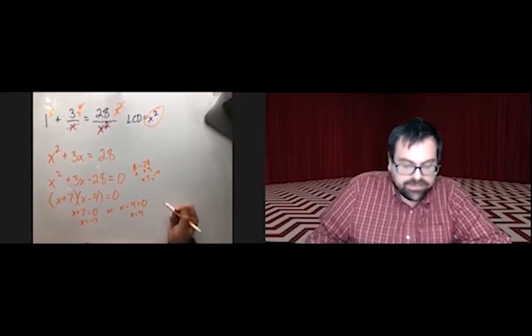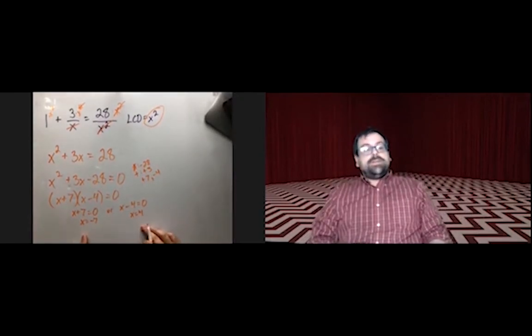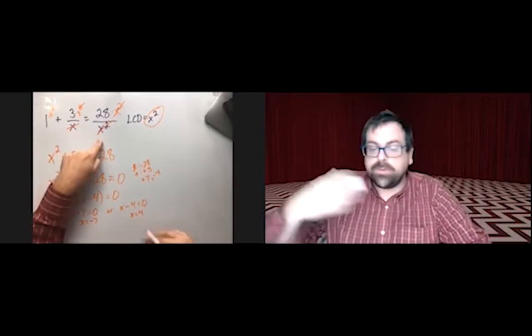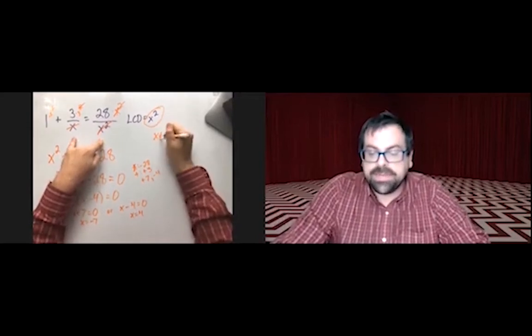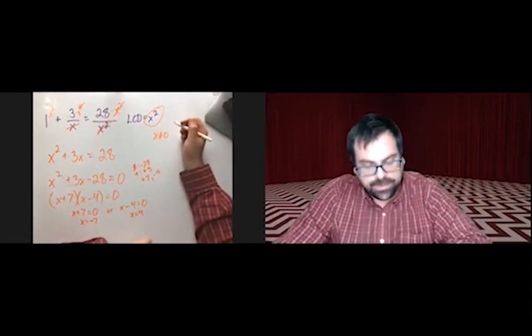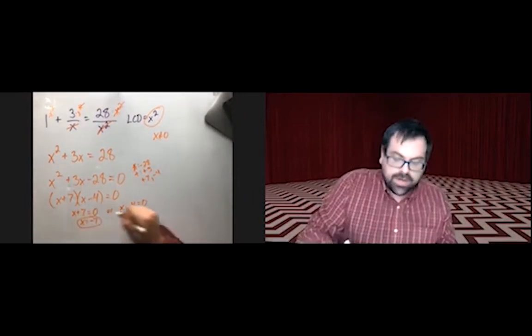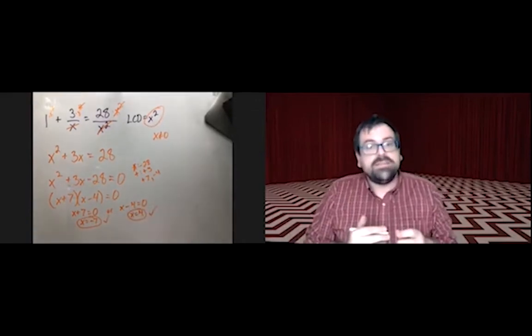X equals positive 4. Are we allowed to have these as answers? Well, x squared can't be 0. All that means is that x can't be 0. We did not get 0, so our answers are okay. Negative 7 and positive 4 both check.